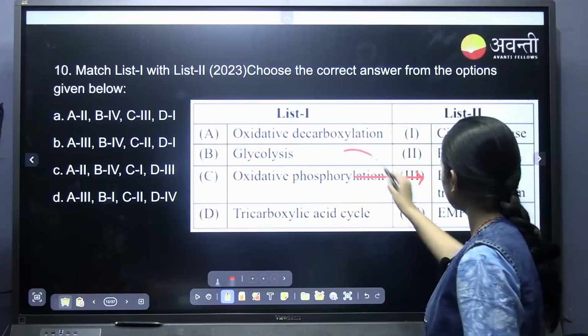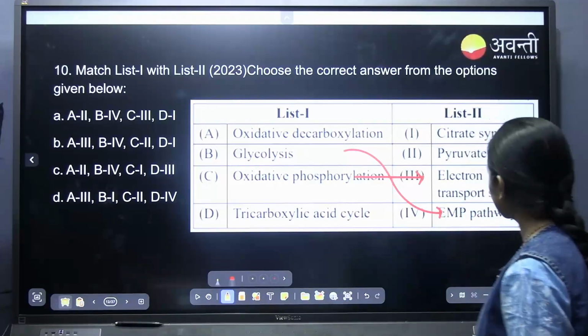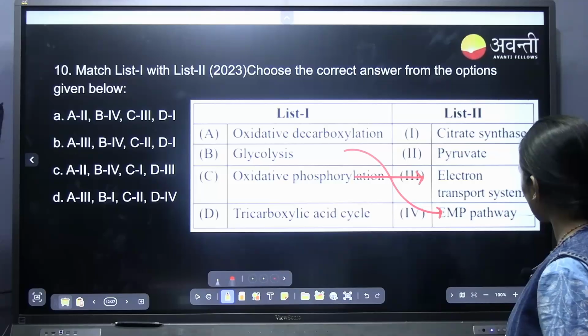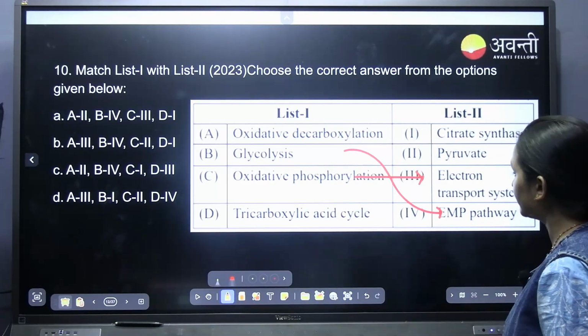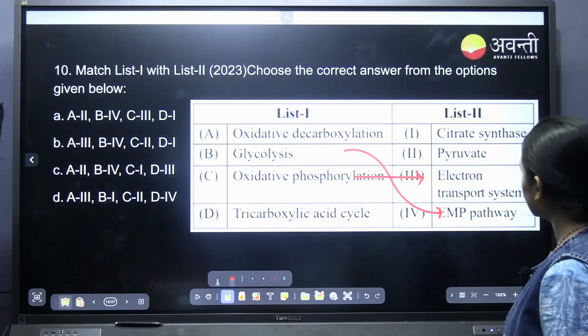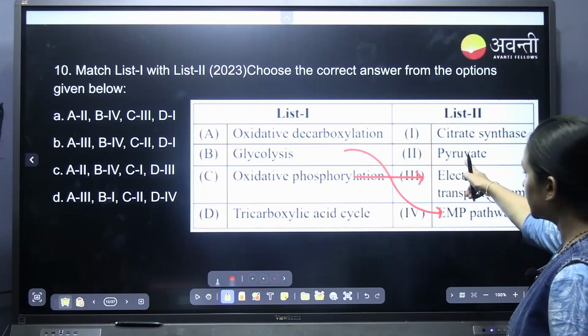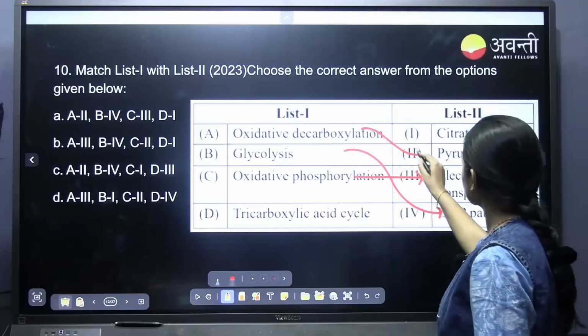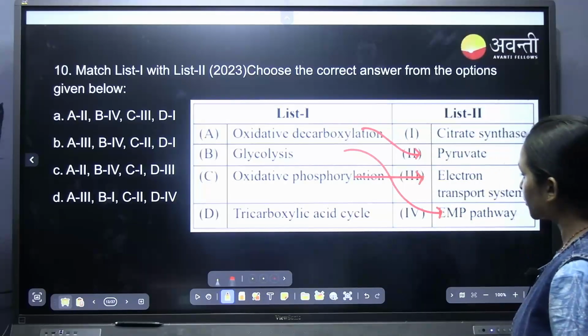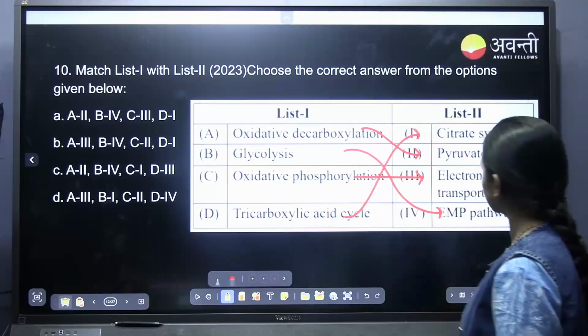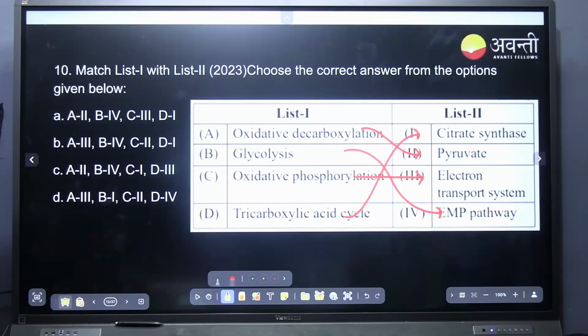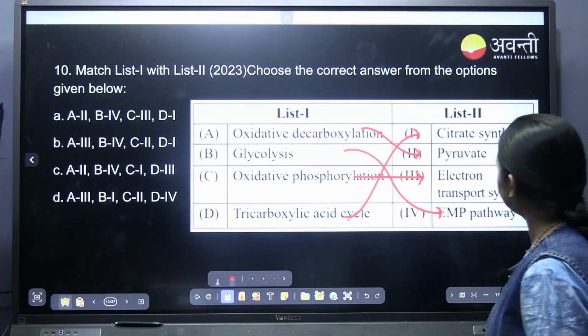Glycolysis is also called EMP pathway, Embden, Meyerhof and Parnas pathway, the three scientists who gave this. And oxidative decarboxylation of pyruvate will be taking place. And tricarboxylic acid cycle, the first one is citrate synthase, isn't it? Yes.